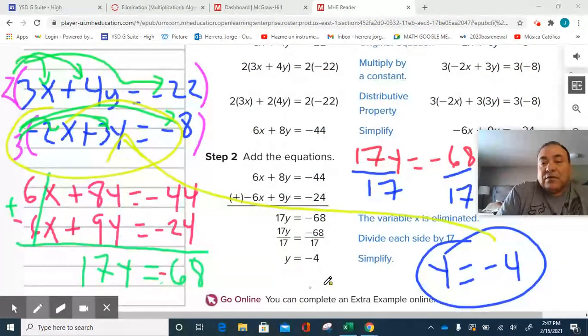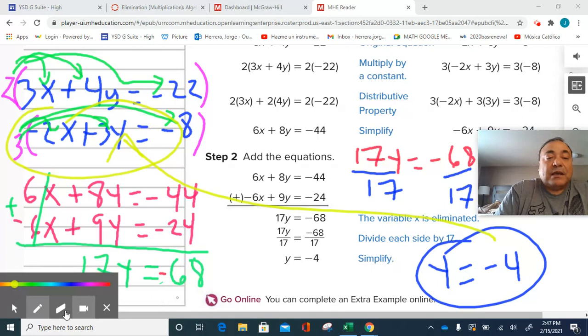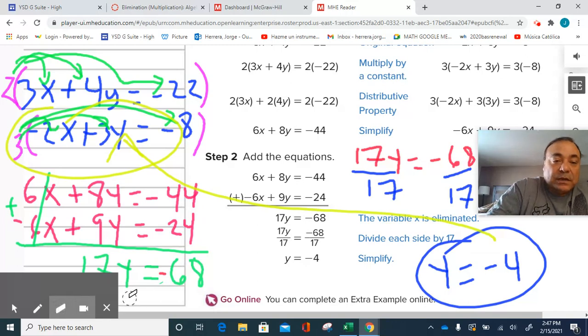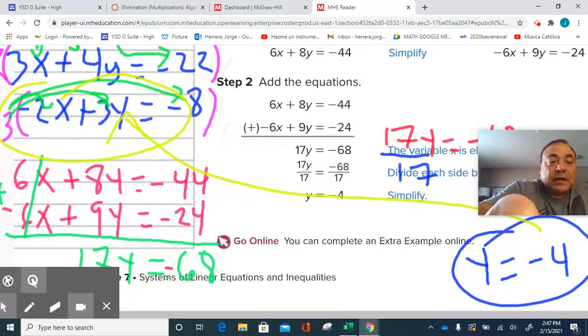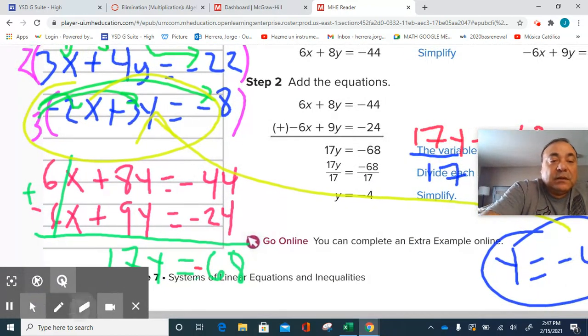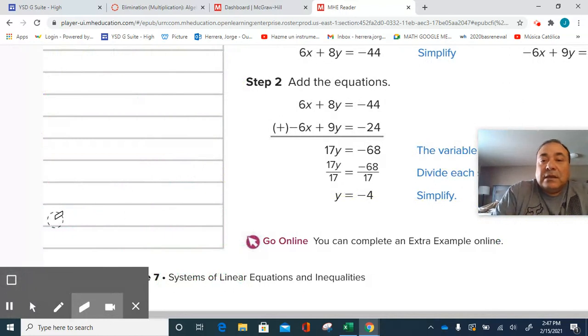So when I got negative 4 right there, guys, then I substitute back in there and it should give me x and negative 4. So let me just go back here. Let me see if I can get this one, and I want to erase everything. So with this in mind, guys, let me see if I can get to the next page.